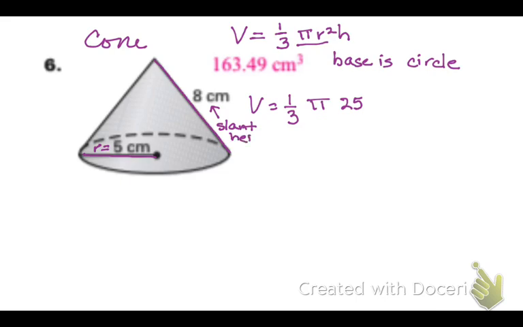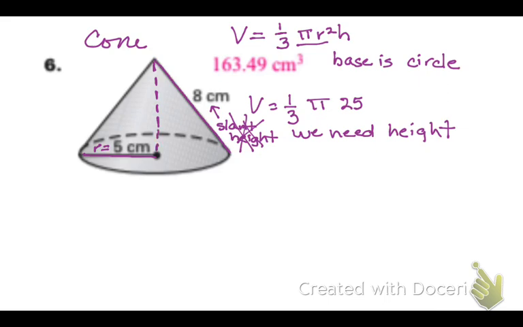It's not the height. And when we're working with volume, we need height, not slant height. Slant height, bad, don't need it. So the height that we need is this right here.